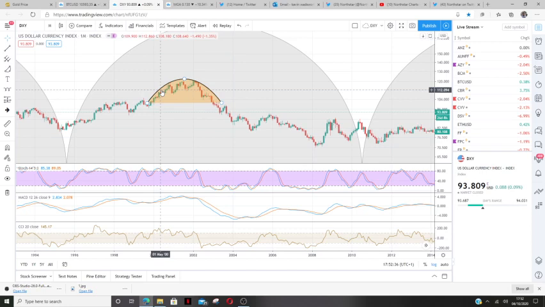So the next thing that stands out is this period here where you get a downtrending period that's contained within that formation. And then the same thing happened here.